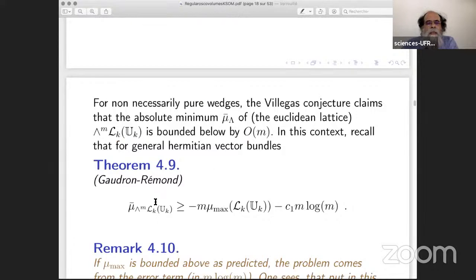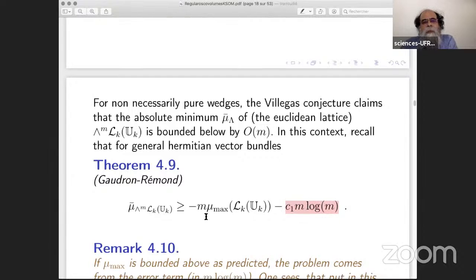Okay, and so now what happens for non-pure wedges? For non-pure wedges, you have a comparison between the smallest norm vector and the maximal slope, and it involves again m log m, exactly as what happens in Minkowski's theorem.